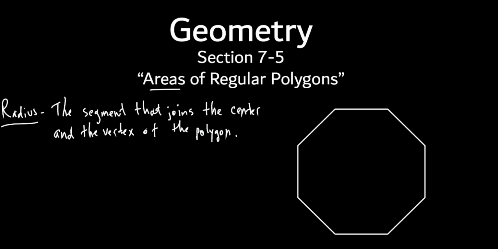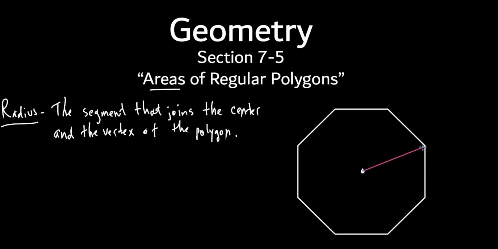Well, let's draw one. Actually, I got to do this first. See, on this program, if I select it, it actually tells me where the center is, doesn't it? Isn't that nice? So it's about right there. So what's the radius of this? It's from where to where? From the center to the vertex. Does it matter what vertex we pick? Nope.